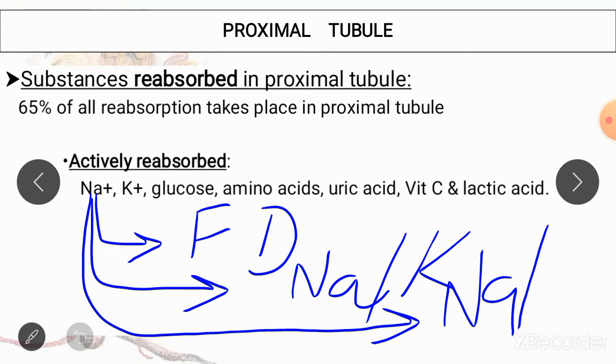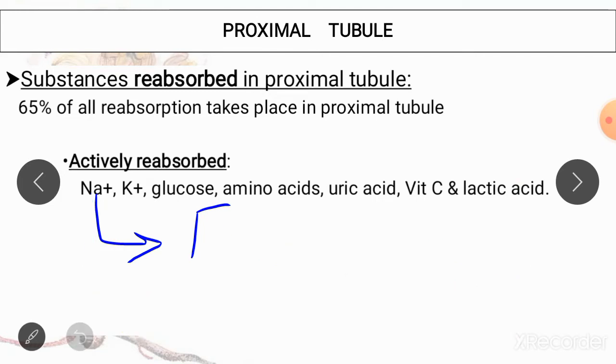So the forms in which sodium is reabsorbed in the proximal convoluted tubule are also important. So 65% of sodium is reabsorbed, and 100% of glucose and amino acids is reabsorbed.